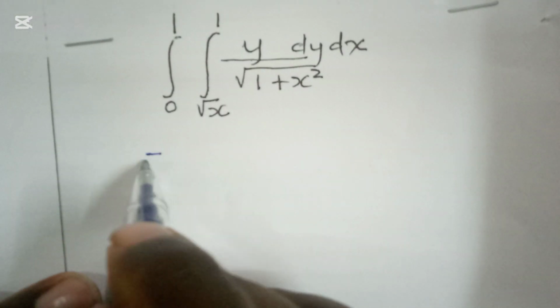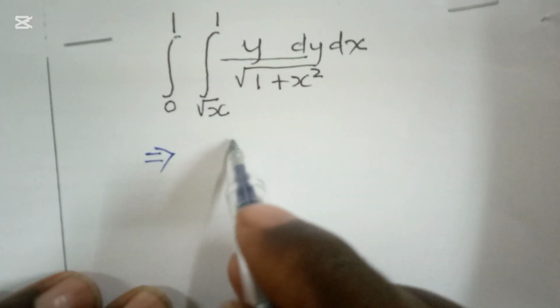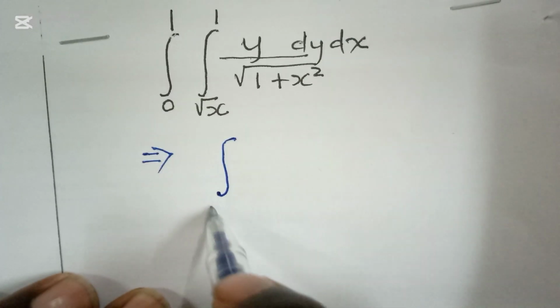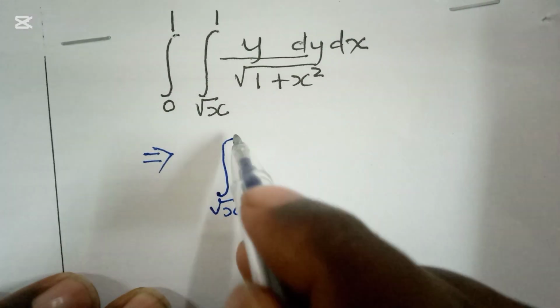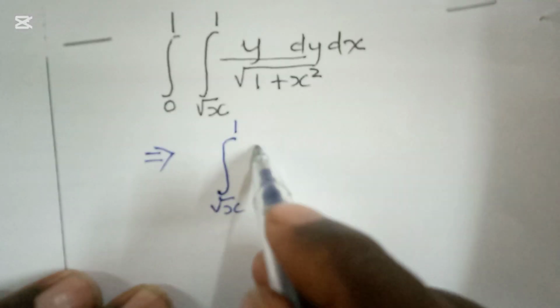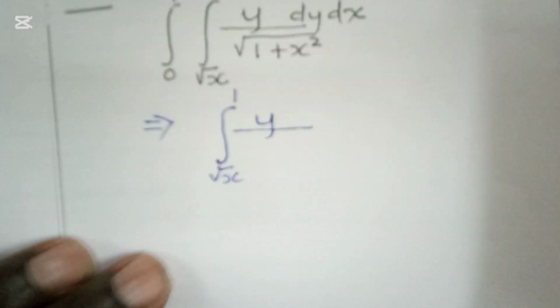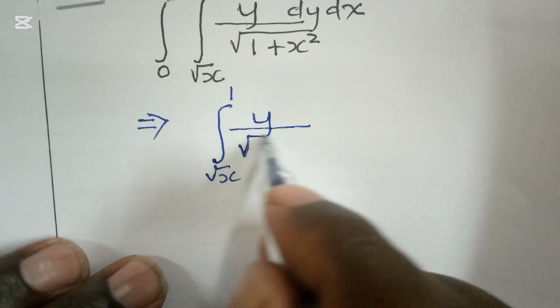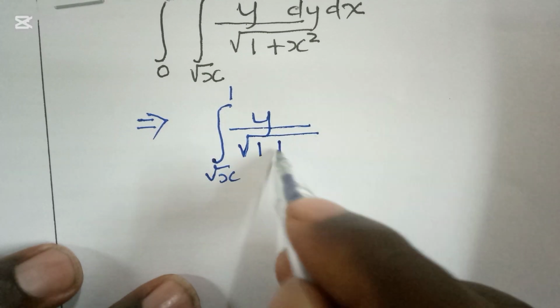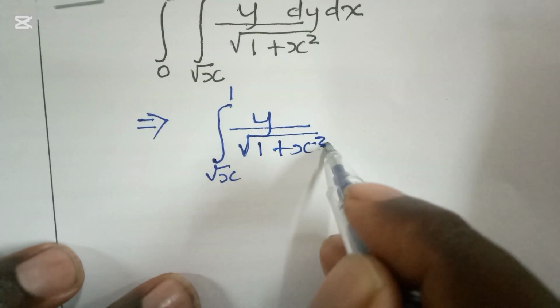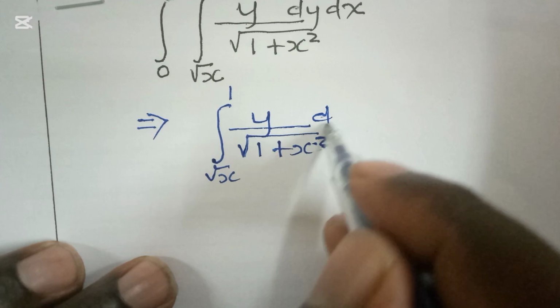So guys, I start now doing the problem. I integrate from root x to 1 of y all over square root of 1 plus x squared dy.